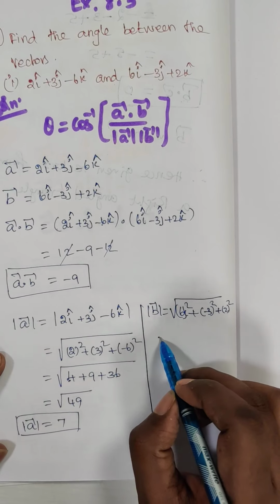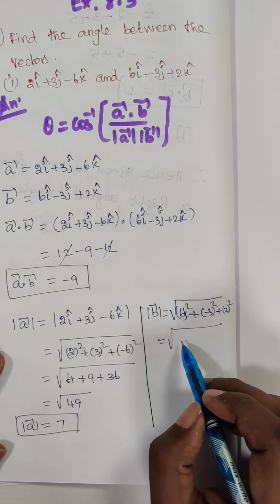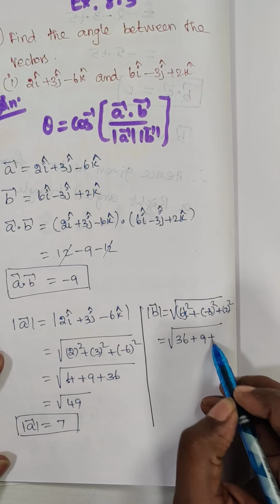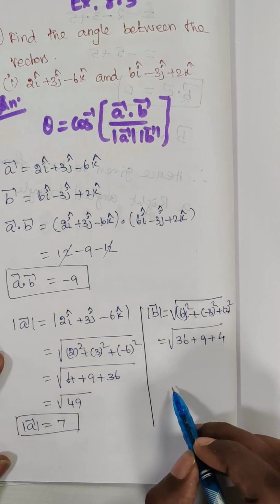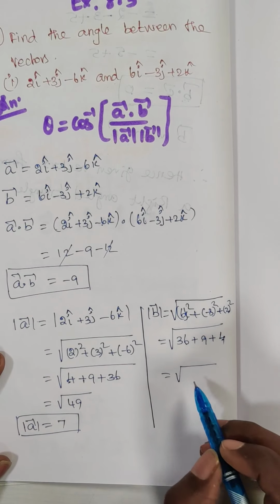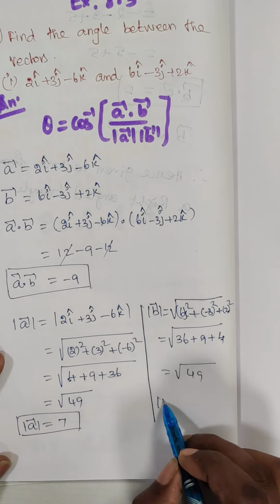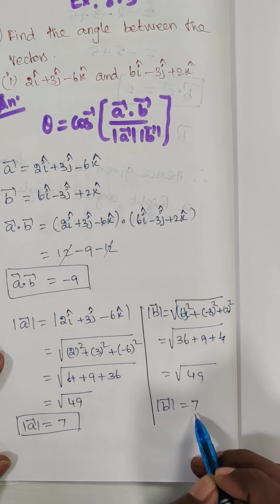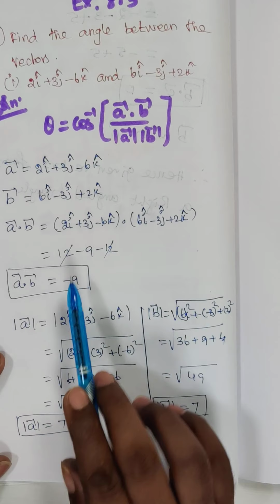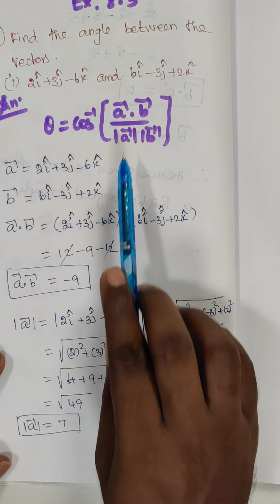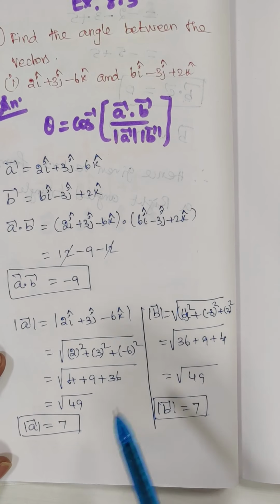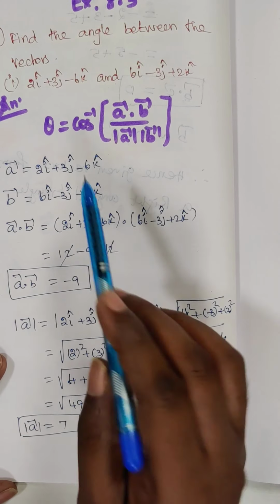So square root of 36 plus 9 plus 4, that is 49. So modulus of b vector value is also 7. So already we found a dot b value minus 9, modulus of a vector 7, modulus of b vector 7. Now I am going to substitute these values here.